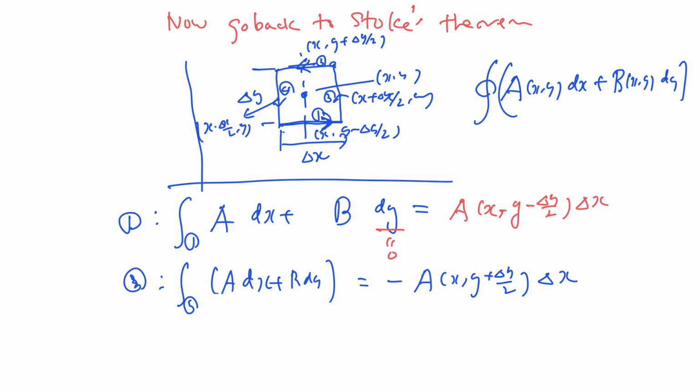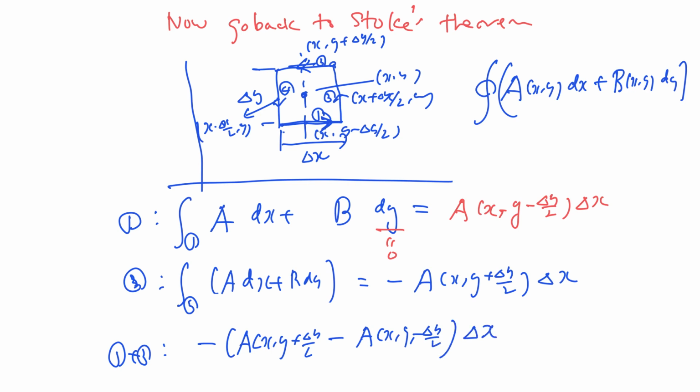So 1 plus 3 is minus a(x, y plus delta y over 2) minus a(x, y minus delta y over 2) delta x, and dividing by delta y, this is minus partial a over partial y delta x delta y.